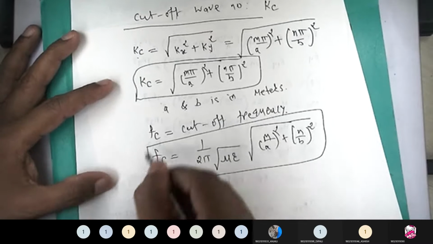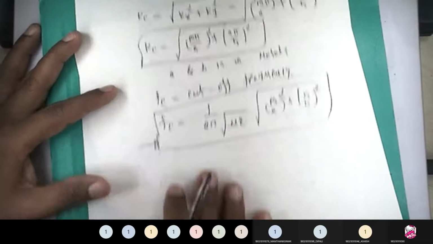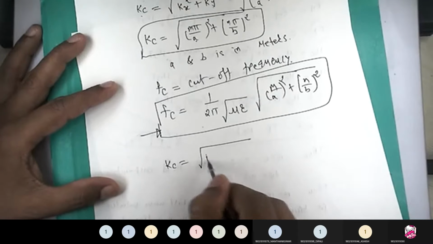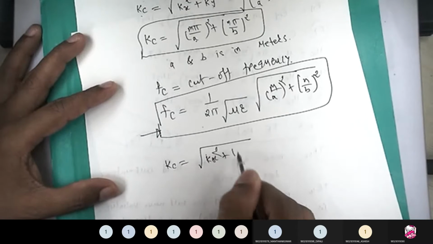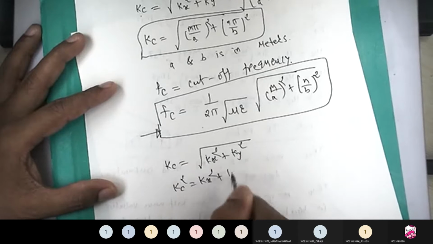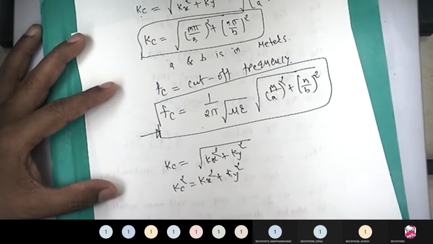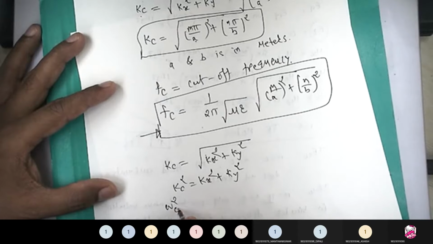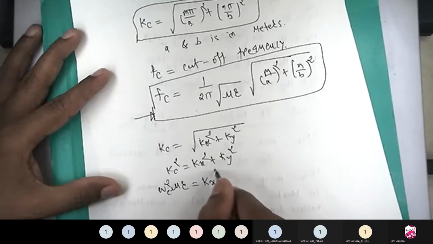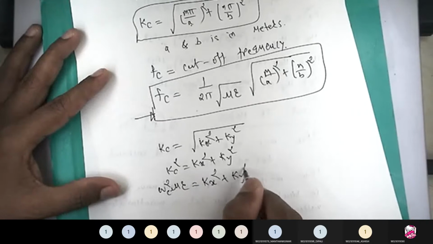The derivation of these expressions I can write in this way. Let kc be nothing but kx square plus ky square. Then kc square is nothing but kx square plus ky square. And now we know that kc square is nothing but omega c square into mu into epsilon, and that is equal to kx square plus ky square.